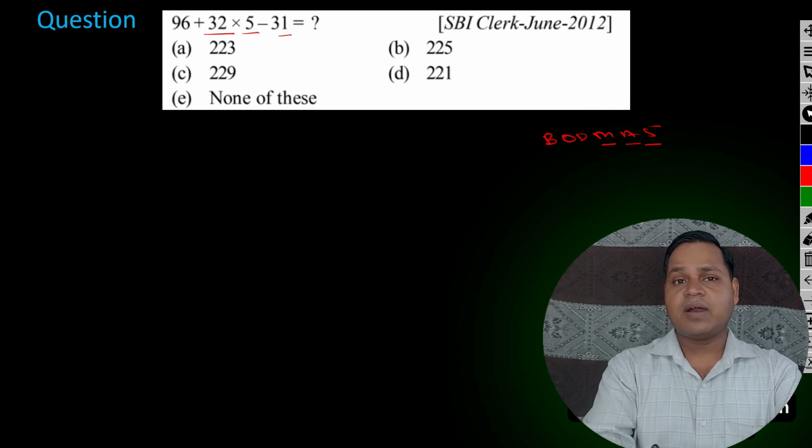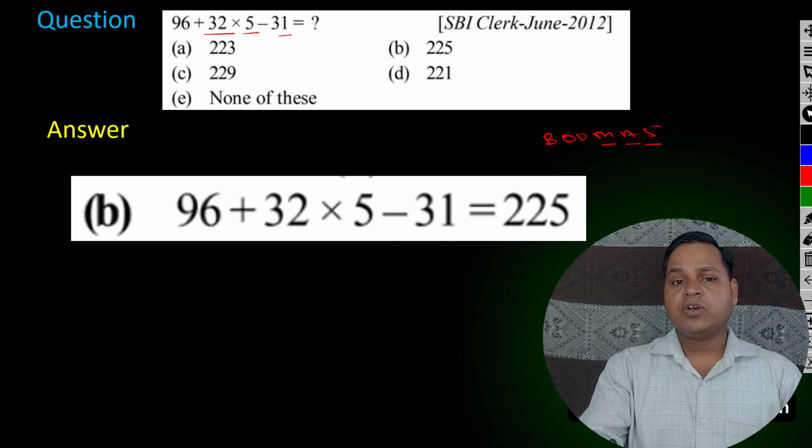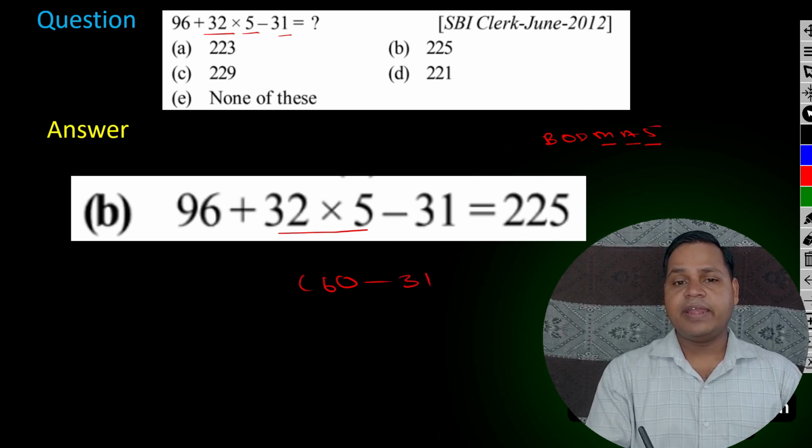So first we operate multiplication. 32 multiplied by 5: 5 multiplied by 2 is equal to 10, and 5 multiplied by 3 is equal to 15, plus 1 gives 16, so we get 160. Now we have two operations, plus and minus. First we do addition, and after that subtraction.